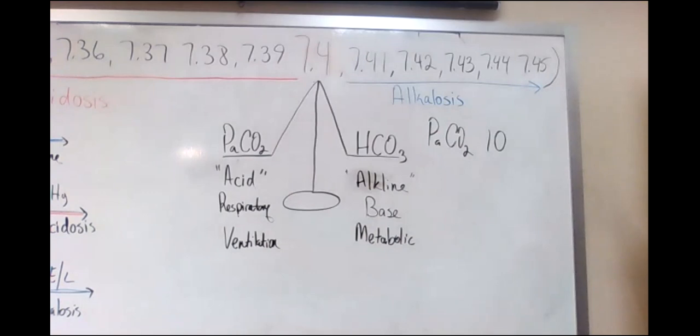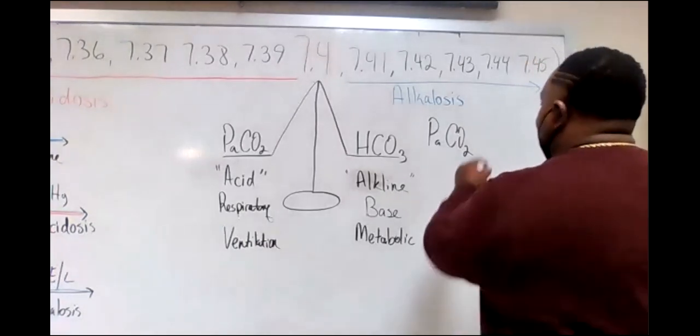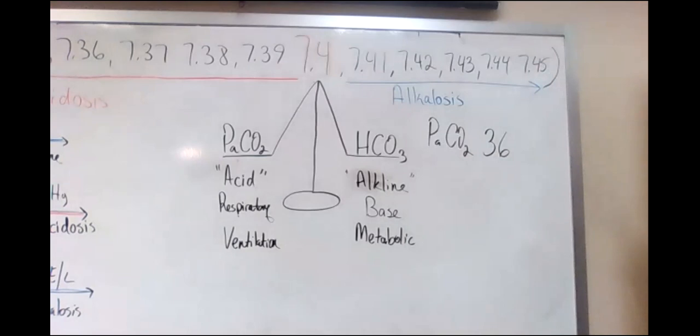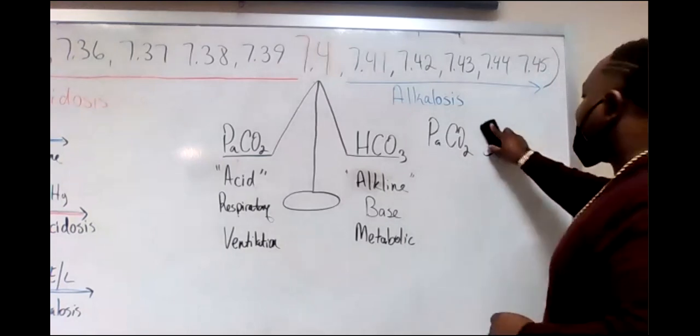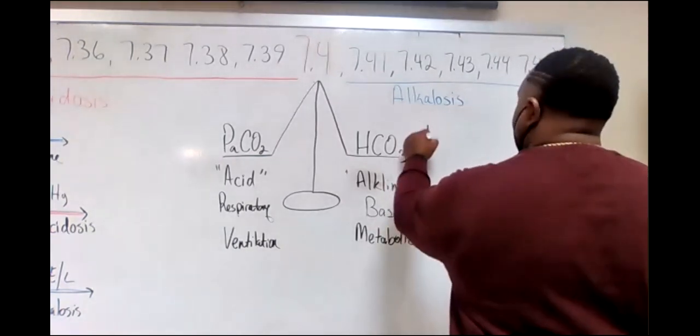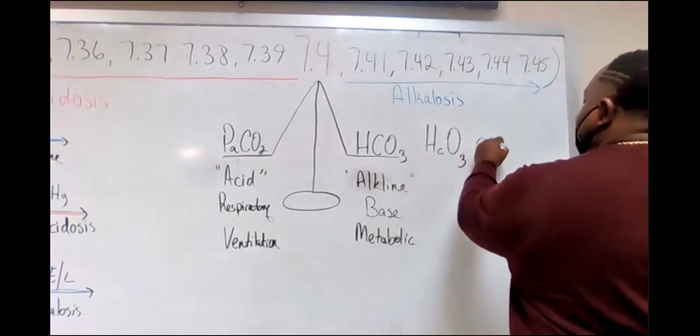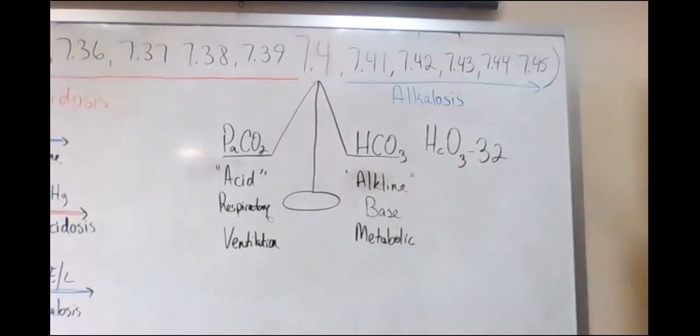Alkalosis. Okay. What if I have a CO2 of 36? Normal. What if I have a bicarb of 32? Alkalosis.